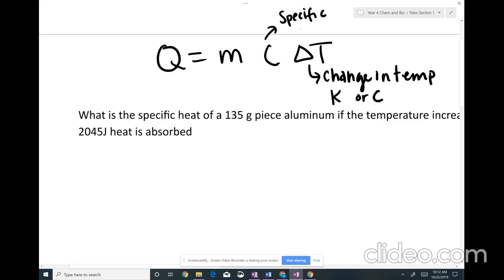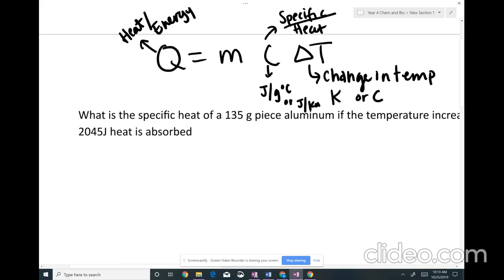Please make note that it says specific heat, and specific heat is different from heat/energy, which you see here. So this one right here is heat/energy. Specific heat, you will see more commonly in joules over gram degrees Celsius, or joules over kilogram Kelvin. So that's the unit on there.